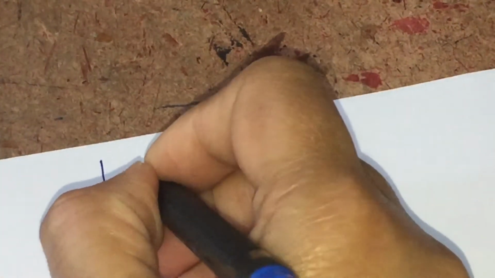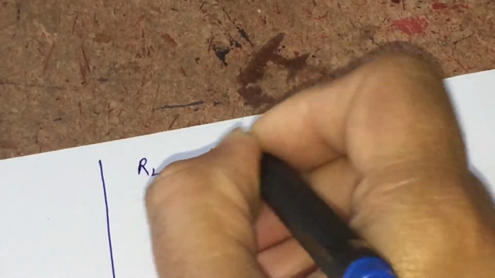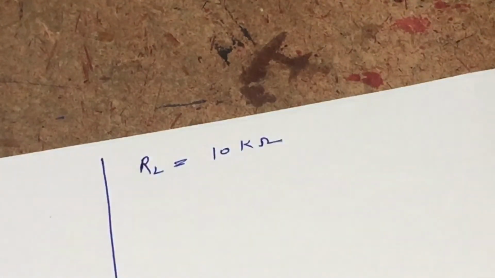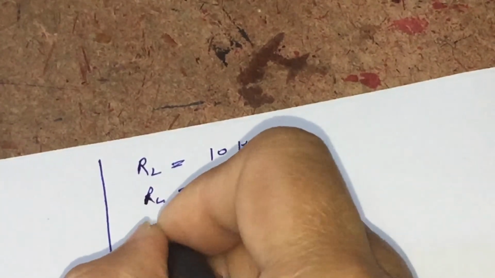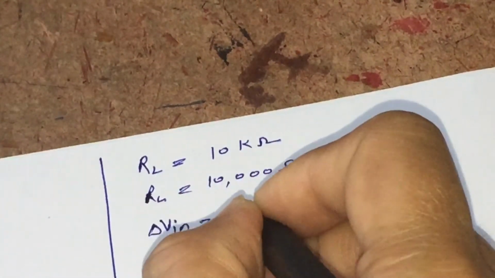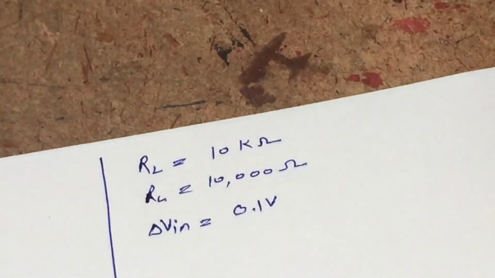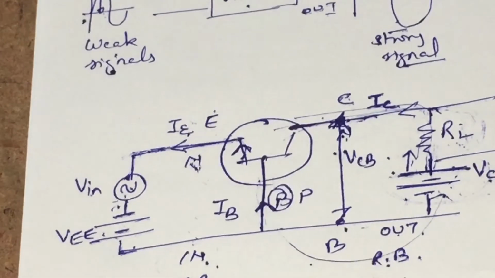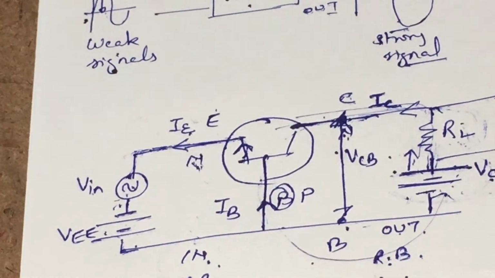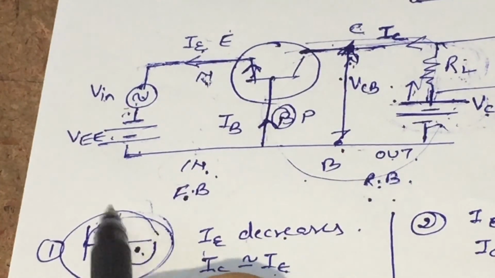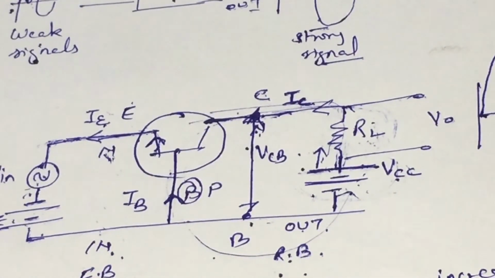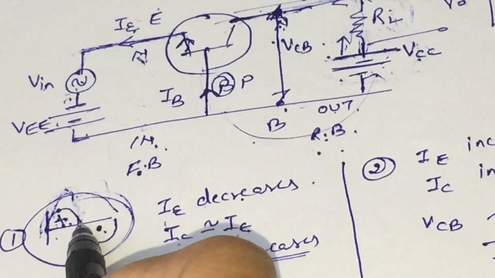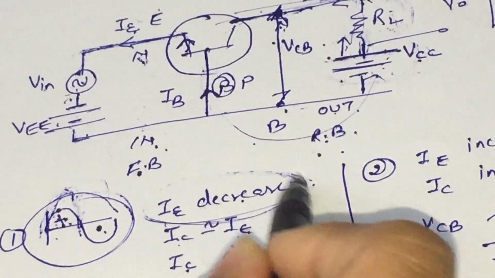Let us consider the load resistance is very high and it is 10 kilo ohm, that is 10,000 ohm, and if there is a change in the input voltage of 0.1 volt, that is we are changing our input voltage by 0.1 volt, then this change in the voltage will make a change in the current.